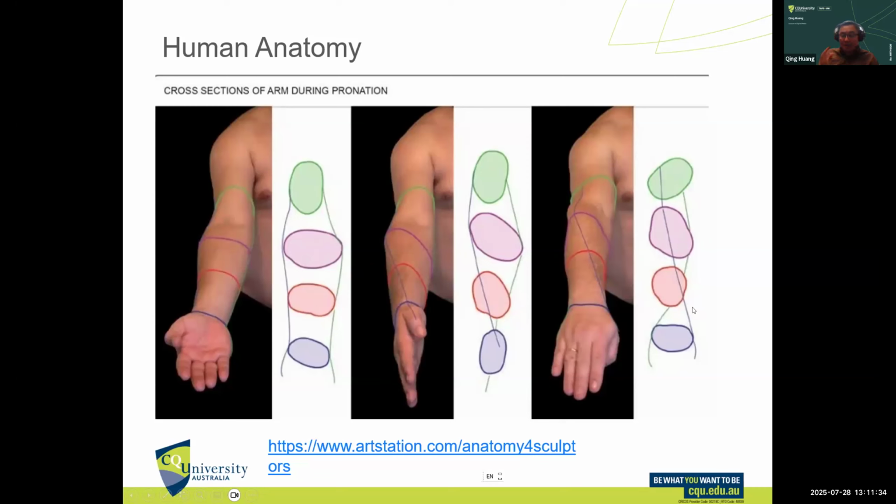So you should mentally be aware of those features. You see the ridge of the muscle group changes its shape, and the cross section is different, and that might help you sculpt your forearm and the whole arm more vividly, more realistically.